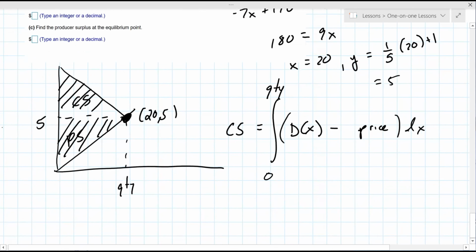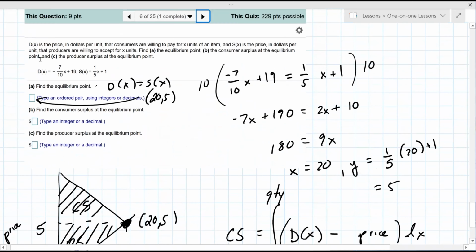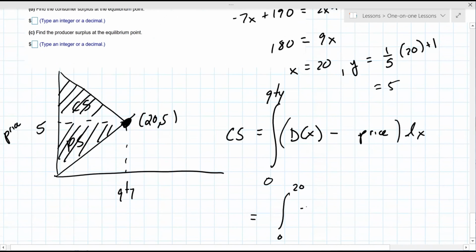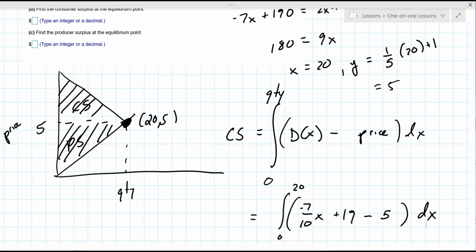This is the quantity. This is the price. So your consumer surplus is the integral from 0 to 20. Your d of x function was minus 7 over 10x plus 19, minus the price, which is 5. And this you'll do in your calculator because it says to type an integer or a decimal.